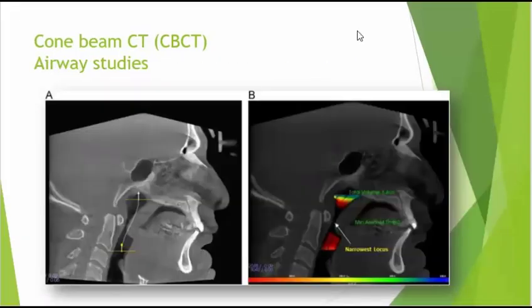A special use of CBCT is in the diagnosis of airway problems, like airway studies and sleep apnea. As you can see in this image here and here, this sagittal slice shows a structure in the airway causing sleep apnea in the patient.